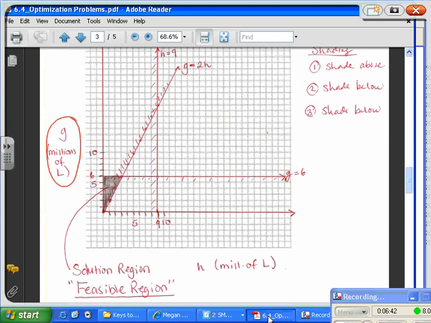And H was our x-axis, and it was in millions of liters as well. So these points are H and then G, X and then Y. That's the coordinates of the points.